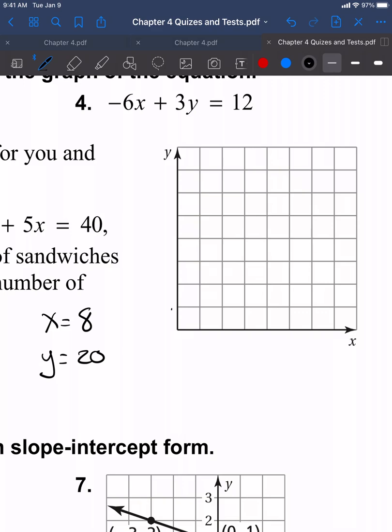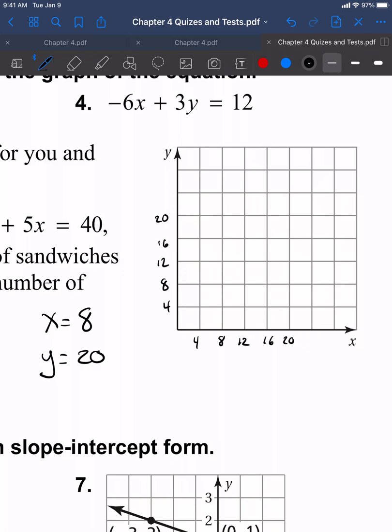Let's see how many I would have. 2, 4, 6, 8, 10. I'm not going to have enough, am I? How about we go by 4s? 4, 8, 12, 16, 20, yeah. And then I could also go by 4s on my x-axis, right? Okay, so if I go by 4s, this would be 4, 8, what's next? 12, 16, 20. Okay, and then this way, same thing. 4, 8, 12, 16, 20.